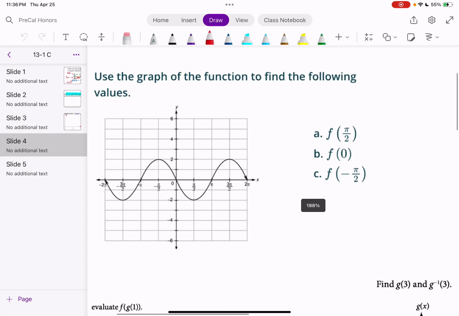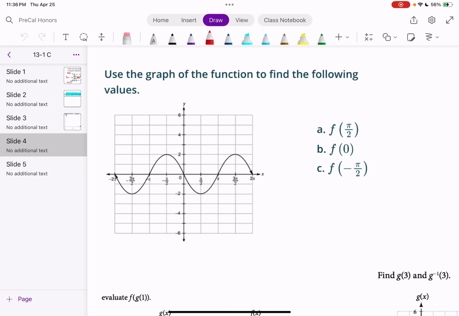Slide 4, we're identifying what the values would be for f of pi over 2, f of 0, and f of negative pi over 2. We're going to begin with f of pi over 2. If x was pi over 2, first we find where that would be, which would be here, and we find our line.